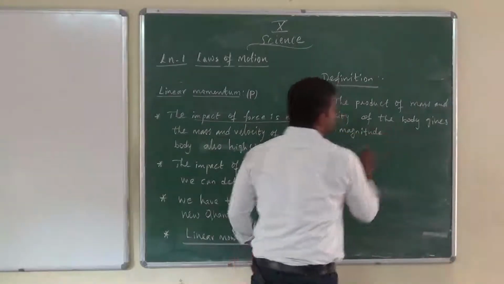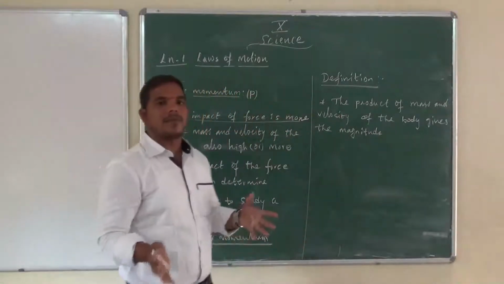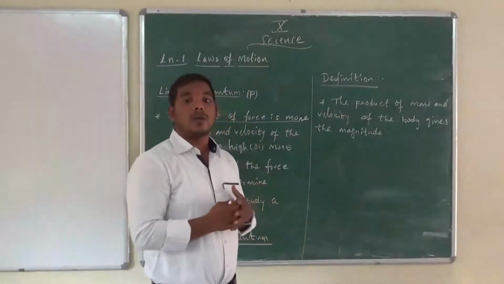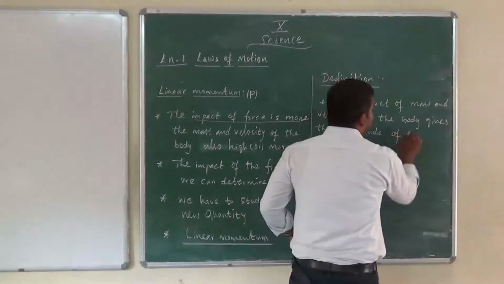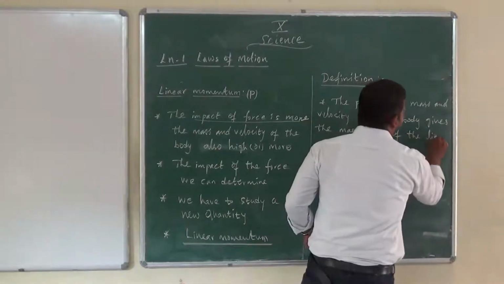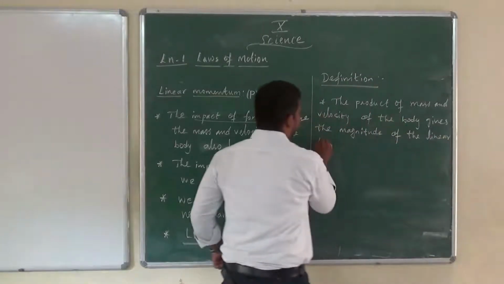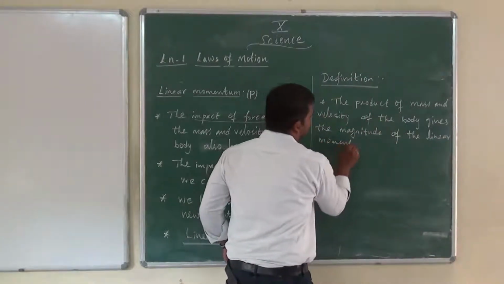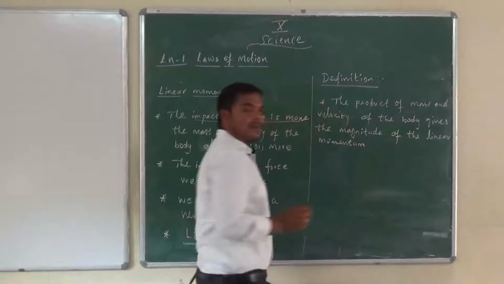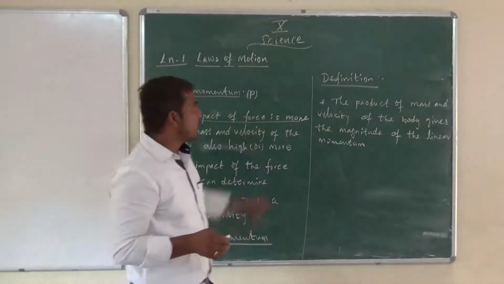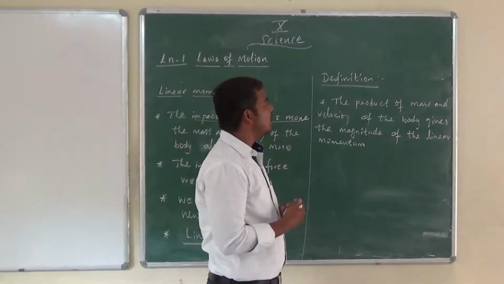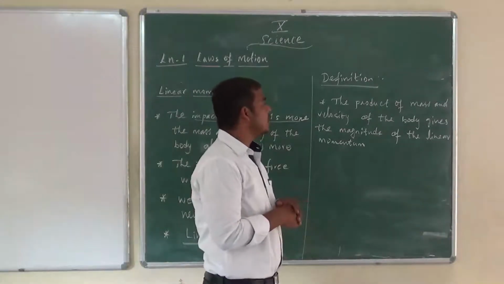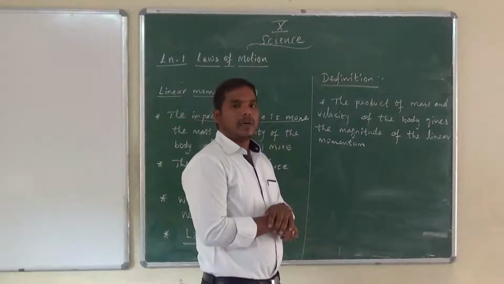Magnitude. Magnitude means number of object or size of object or value of the object. So the magnitude of the linear momentum. Definition: the product of mass and velocity of the body or object gives the magnitude of the linear momentum.